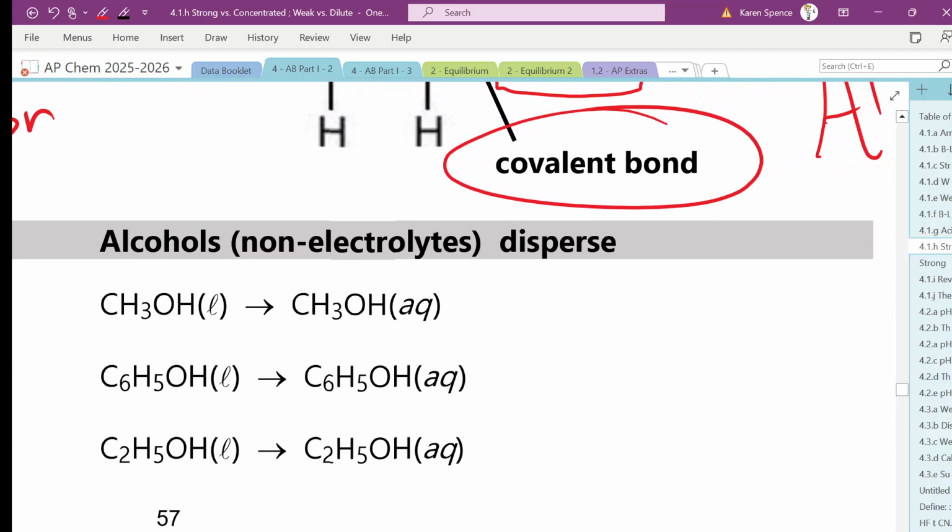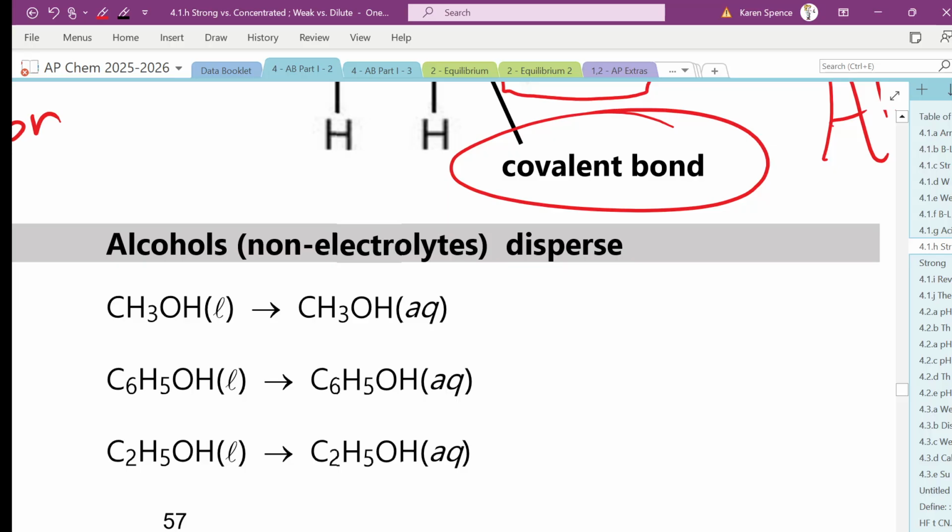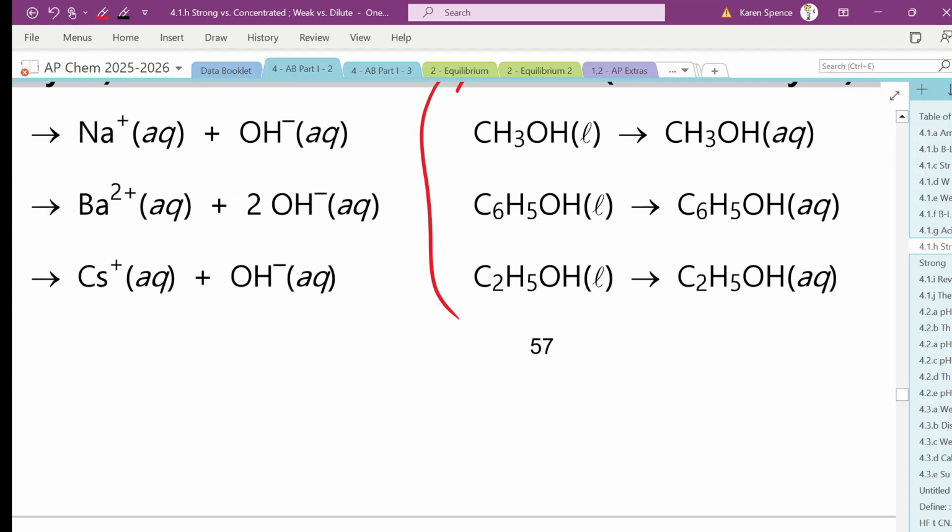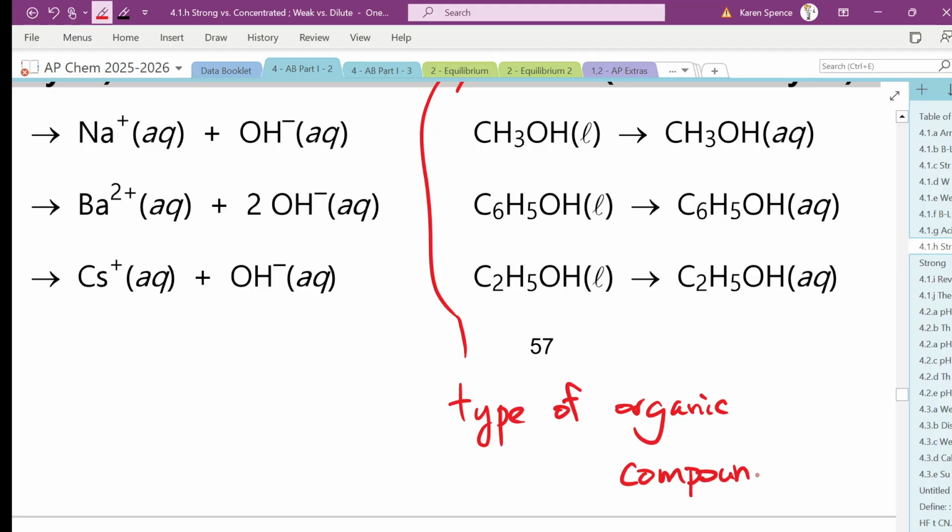Alcohols, usually you're going to have carbons, because alcohols are a type of what compound? Organic. Okay, alcohols are organic compounds. And organic compounds are based upon carbon chains, yes?